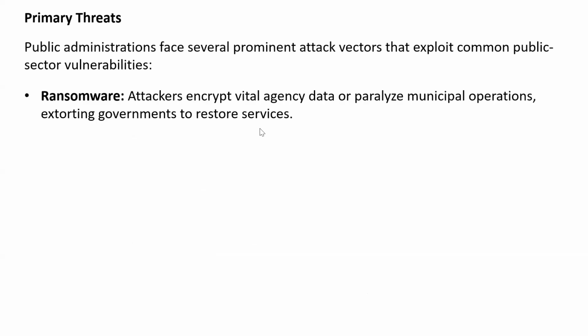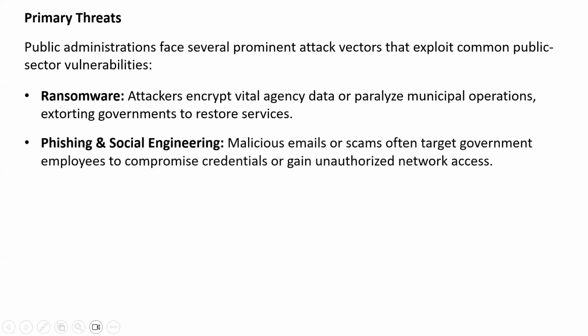The first is the vector that exploits common public sector vulnerability. We've talked about ransomware, which will seize vital agency data and paralyze municipal operations, so that when they have the information, they can extort money from you before the services are restored.